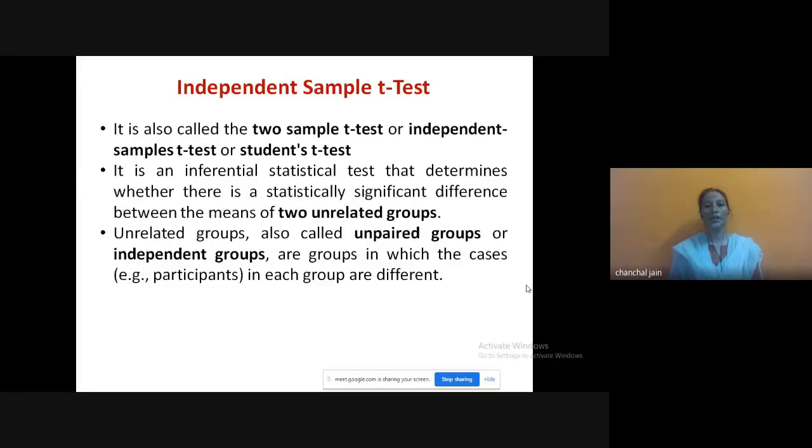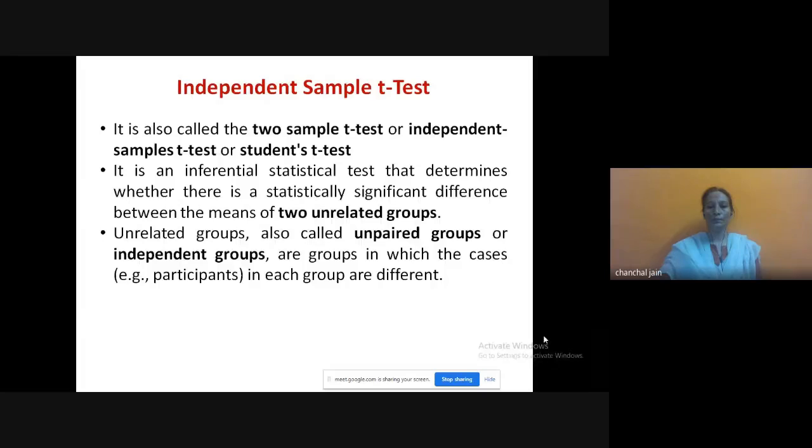In inferential statistics, we generally keep the t-test, ANOVA, etc. With the help of these tests, we try to predict or infer the population distribution or population mean.